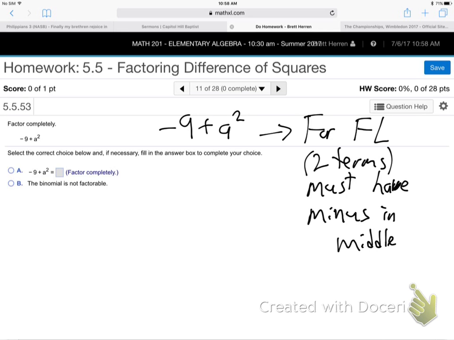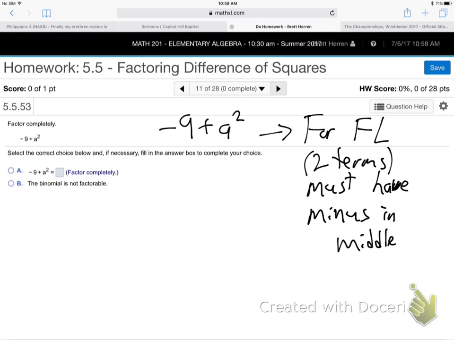You must have minus in the middle. Remember how yesterday we were talking about wanting things to go from highest power to lowest? Forget about that today. Well, at least we don't want that for FL. We want it for FOIL, so we will do some 3-termers today, and I'll remind you that they need to go highest power to lowest. But for FL, we don't care about powers. We just want a minus in the middle.